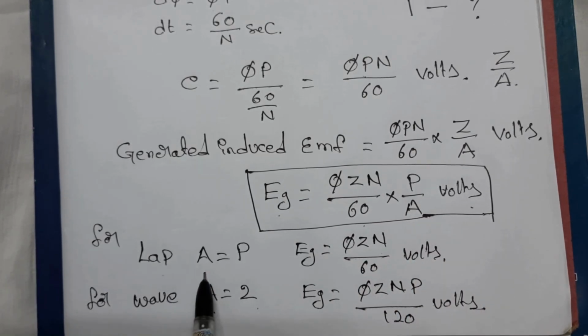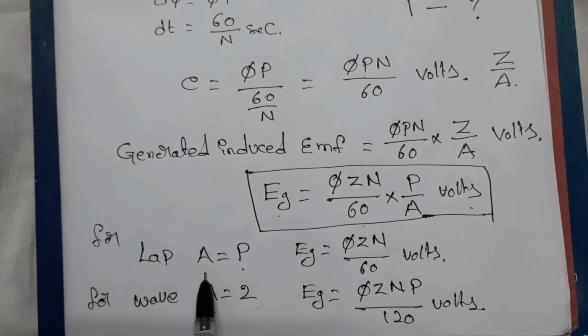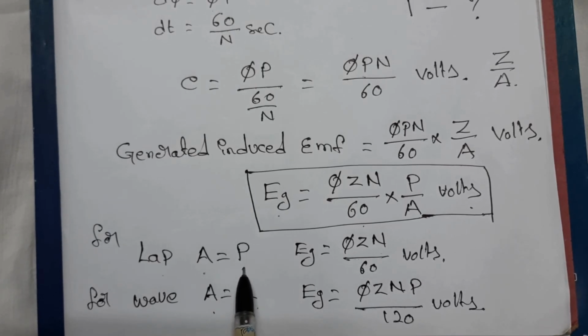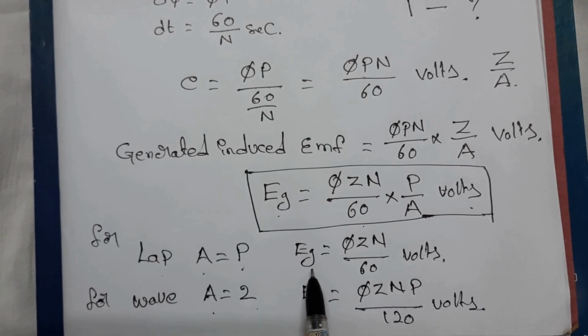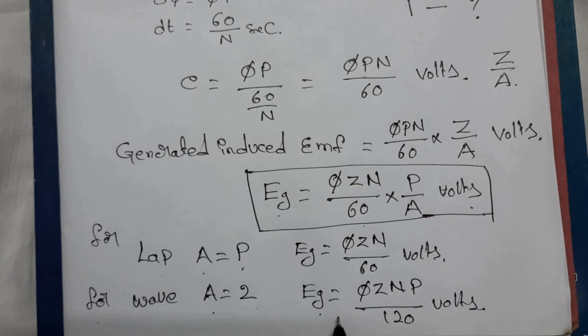For lap winding, A equal to P, so the EMF is ΦZN by 60 volts. For wave winding, the number of parallel paths is always 2, so the EMF is ΦZNP by 120 volts.